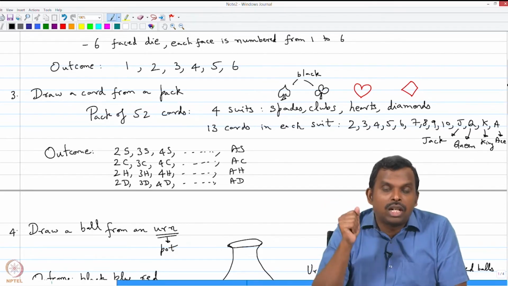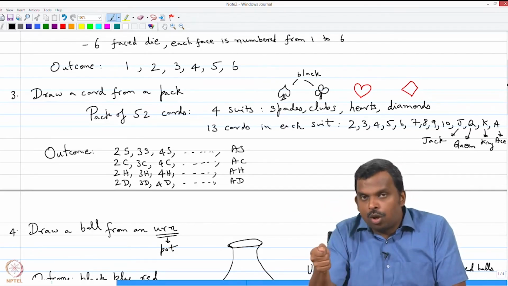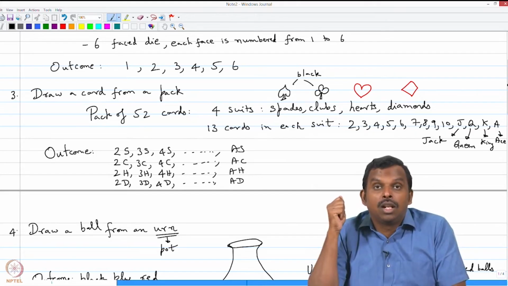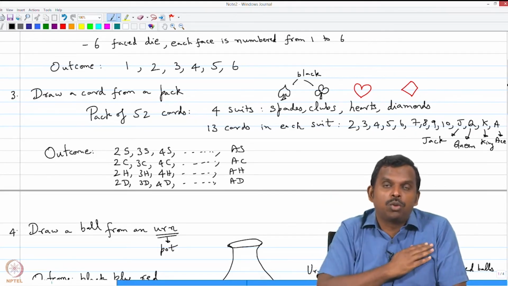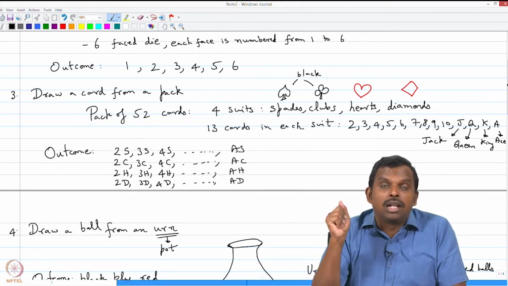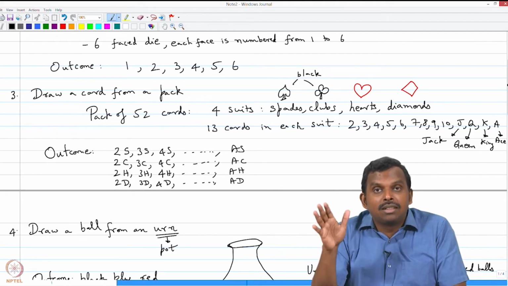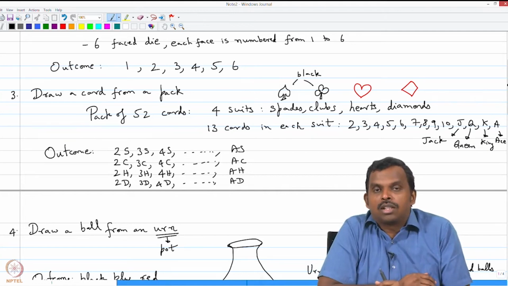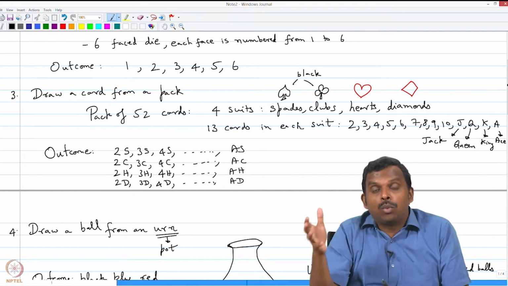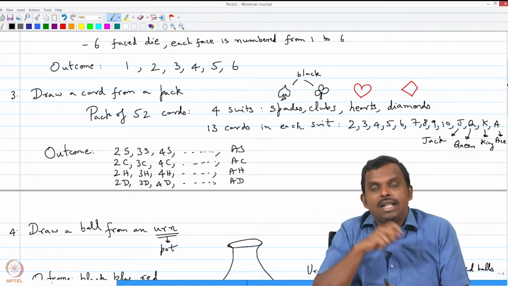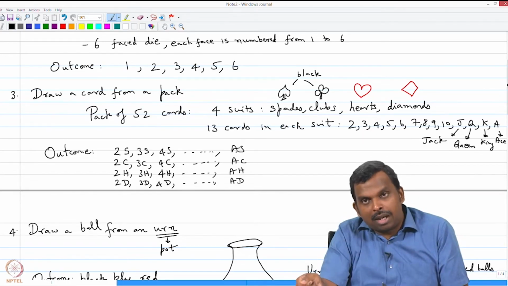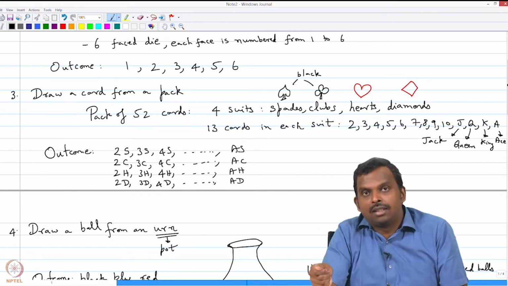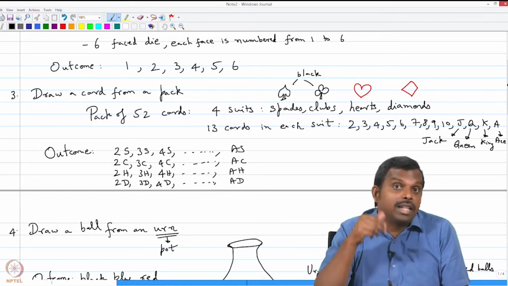So let's think of the cards. Supposing in the first draw I drew the ace of spades. Now if I am drawing without replacement, without putting it back, and I draw one more card, there is no chance I will get ace of spades again, because ace of spades is gone from the pack. So I have only one of 51 possibilities in the second draw. On the other hand, if I put the card that I drew back, then mix it up again and draw, I can get ace of spades again.